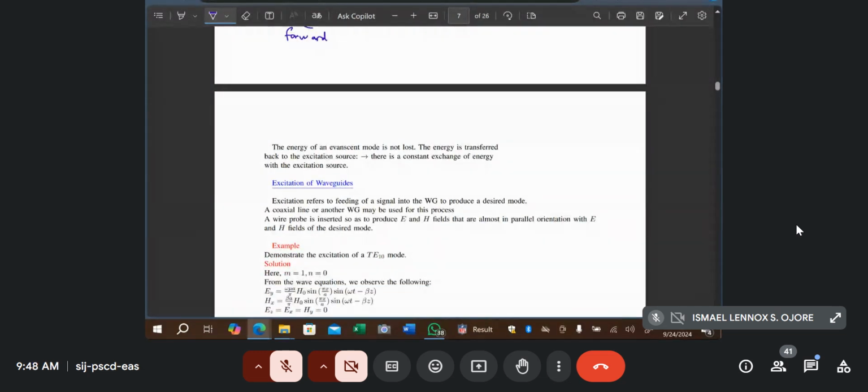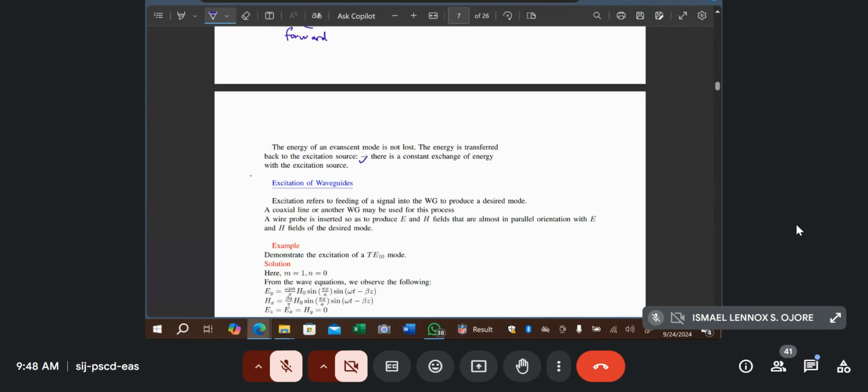So the energy of an evanescent mode is not lost, the energy is transferred back to the excitation source. Okay? So there's a constant exchange of energy with the excitation source. So you excite and then come back, excite and come back. So it's just fully reactive power.